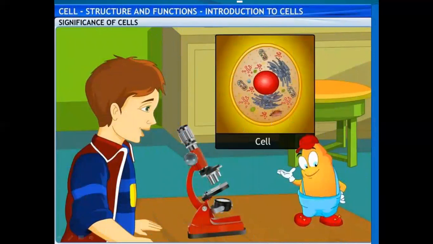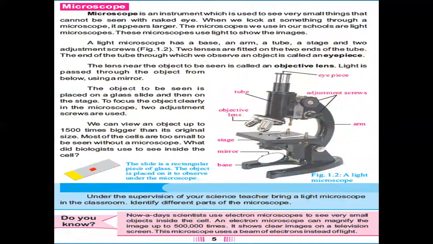Okay, now we are going to study the cell, but before the cell, we will study the instrument by which we can see the cell, that is the microscope. Now the next topic is the microscope. Micro means very small and scope means to see.